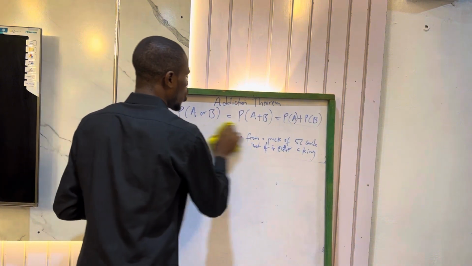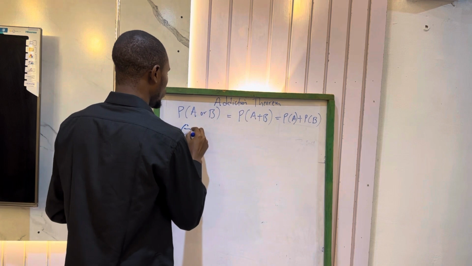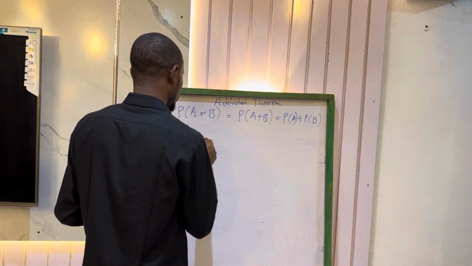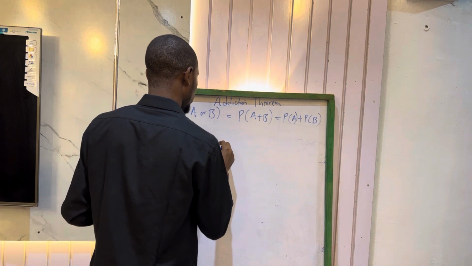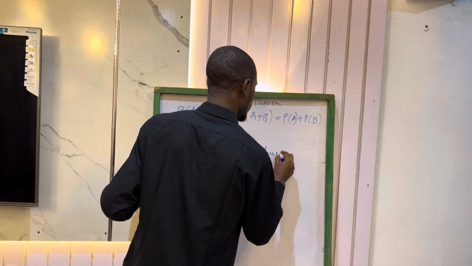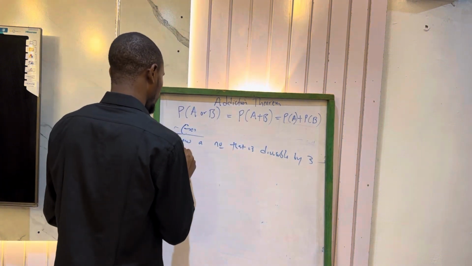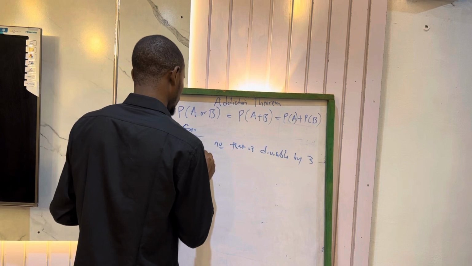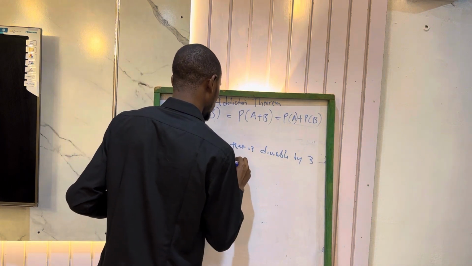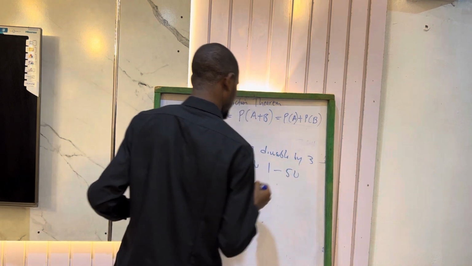Example: draw a number that is divisible by 3 from a random number between 1 to 50.